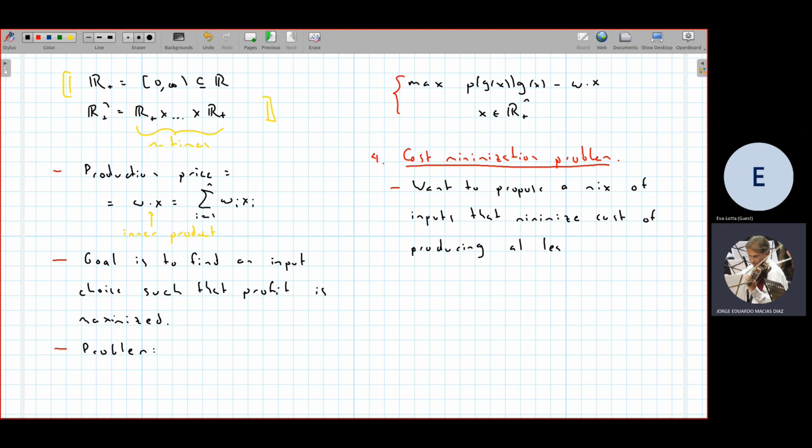Let's say at least y bar units of output. You can notice immediately that this last condition is a constraint. So the production amount should be at least y bar.